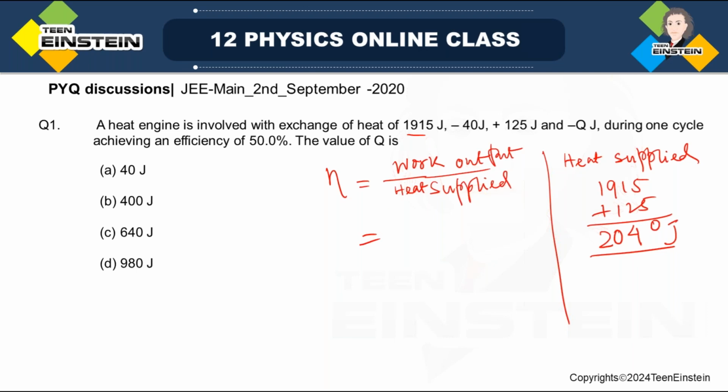Now look here, to get work output, you have to actually add all those three things. In the sense, see, I'll get work output by adding this with proper sign, minus Q, and divided by this.